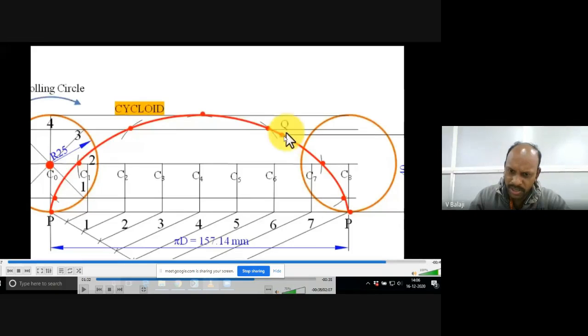Now again at this point Q, set the radius 25, the circle radius, and cut the center line. Which is the center line?